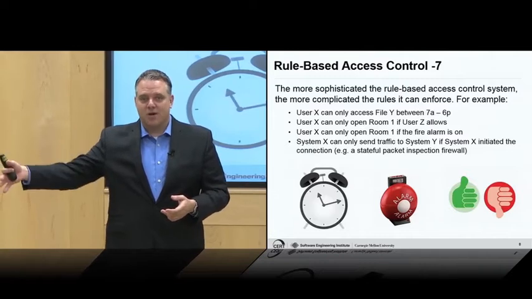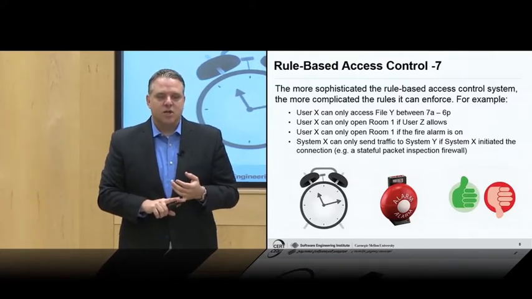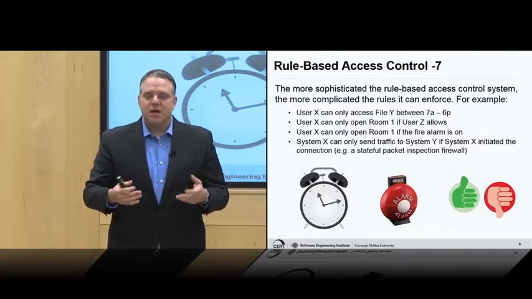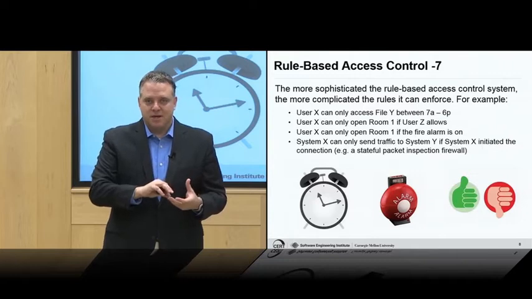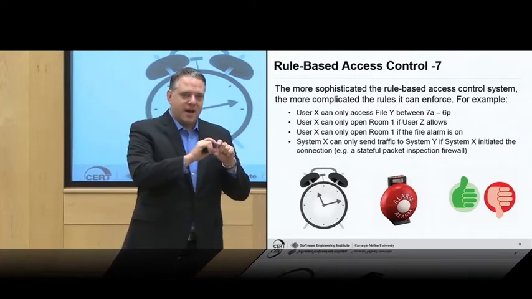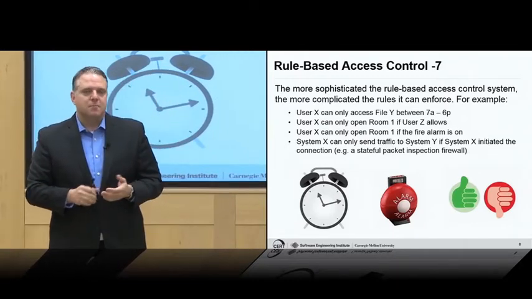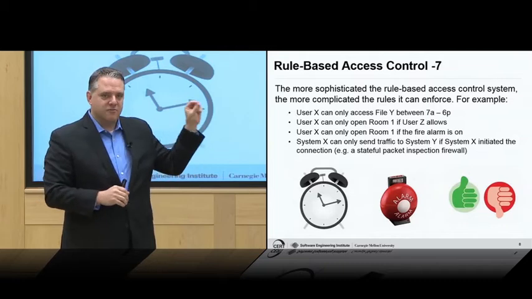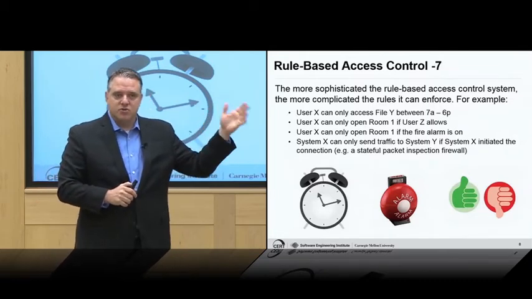Or perhaps if they're already in, then user X can get in. User X can only open room 1 if the fire alarm is on. You can see from a security perspective how powerful these rules can be. The downside to this, of course, is that you have to specify each case, and it can get very ungainly. But from a security perspective, you have fine-grained control over what you want to allow and what you don't want to allow.